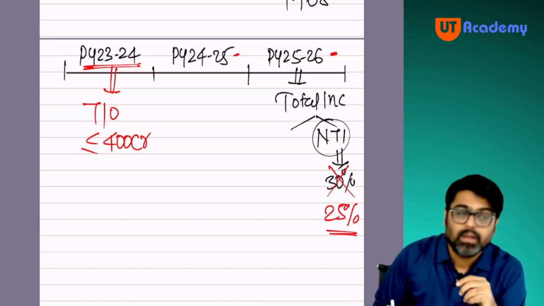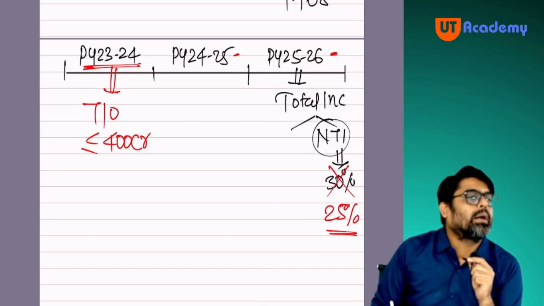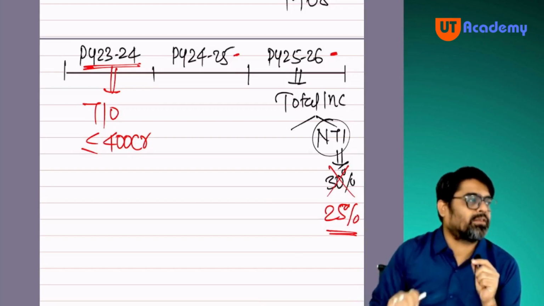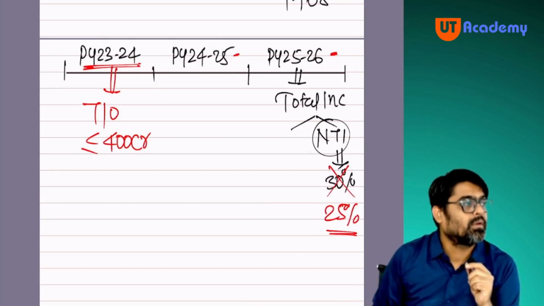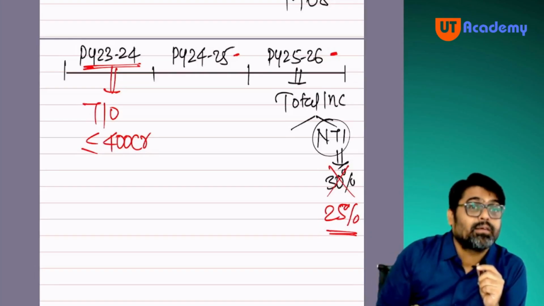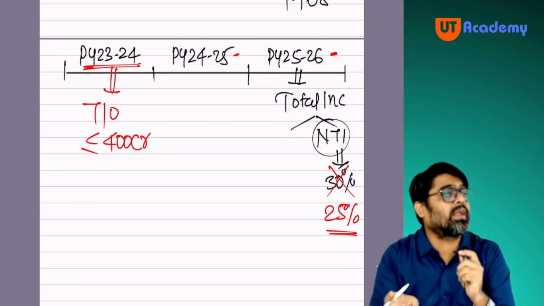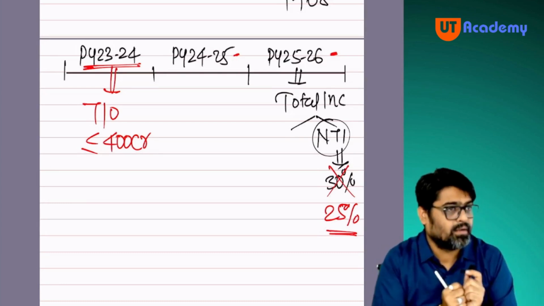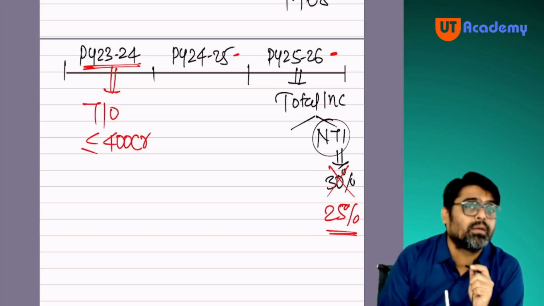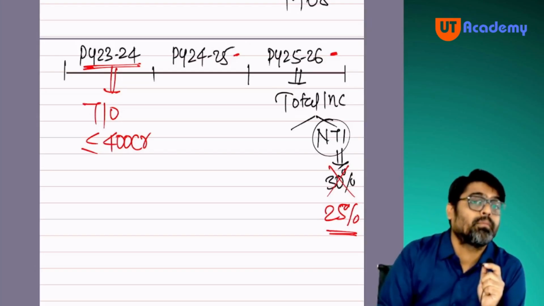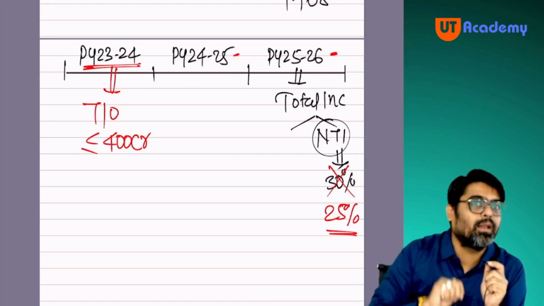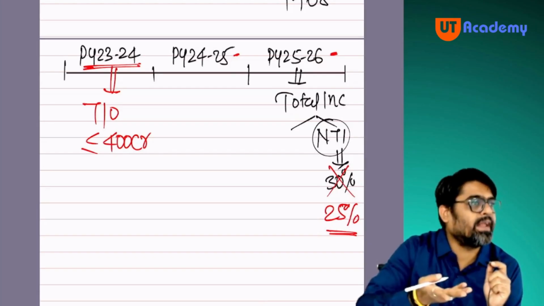Pay attention. Now see, these are the normal tax rates as per the Finance Act, the tax rates which we are discussing right now. These tax rates are given in the Finance Act. Finance Act 2025 is made from the Finance Bill, yes or no?